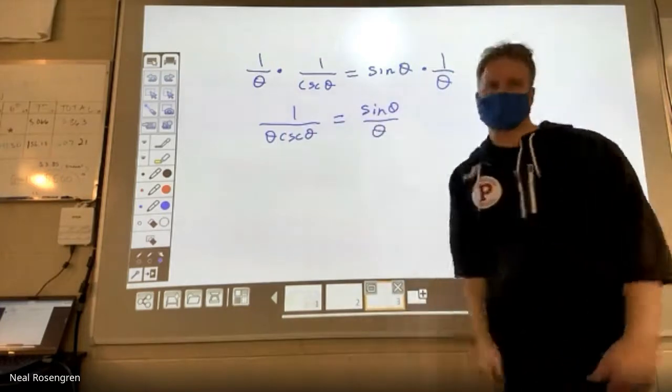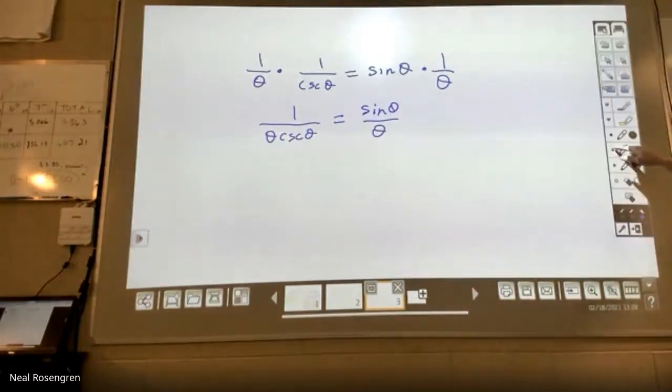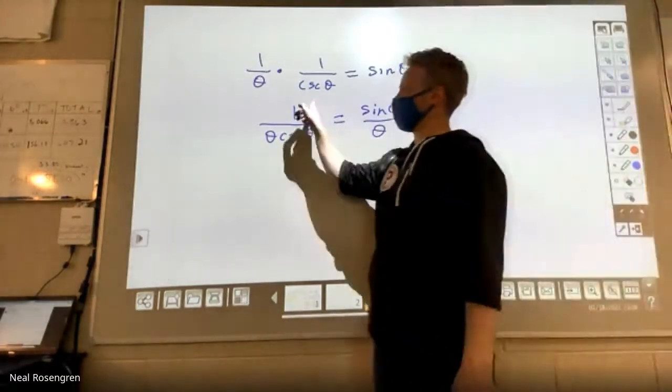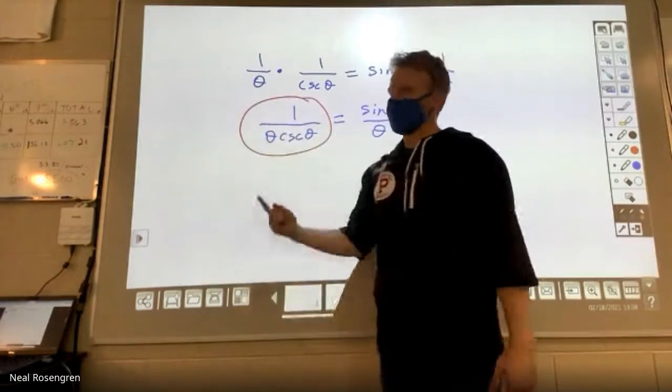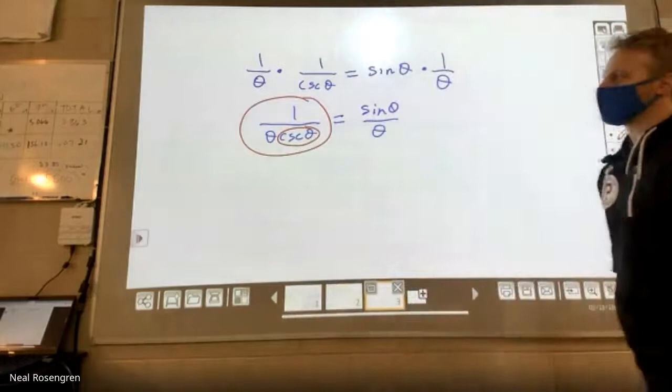Now, how did I do that without having to show all those steps? Well, here's what I recognized, right? This is what I had. And what I saw was cosecant. And I know that that's the reciprocal of sine.